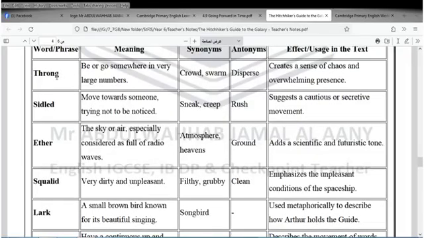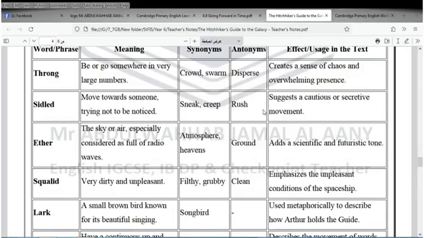So, throng, it is to be or to go somewhere in very large numbers. Synonyms are crowd, antonyms are disperse. And the idea or the usage is to create a sense of chaos and overwhelming presence. Sidled, it is to move towards someone trying not to be noticed, like to sneak or creep.